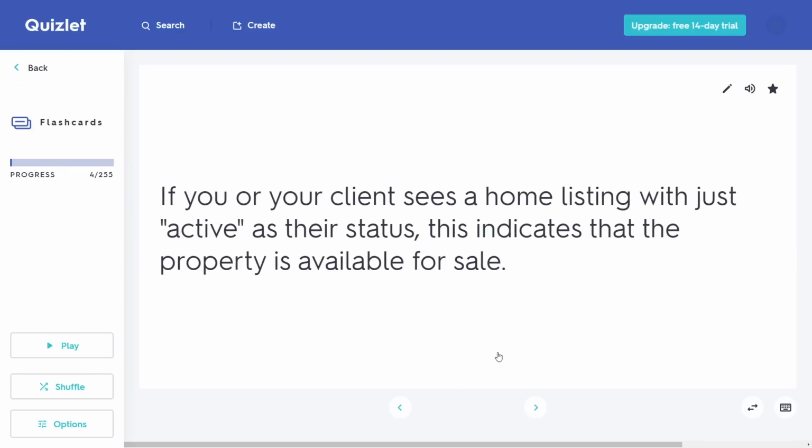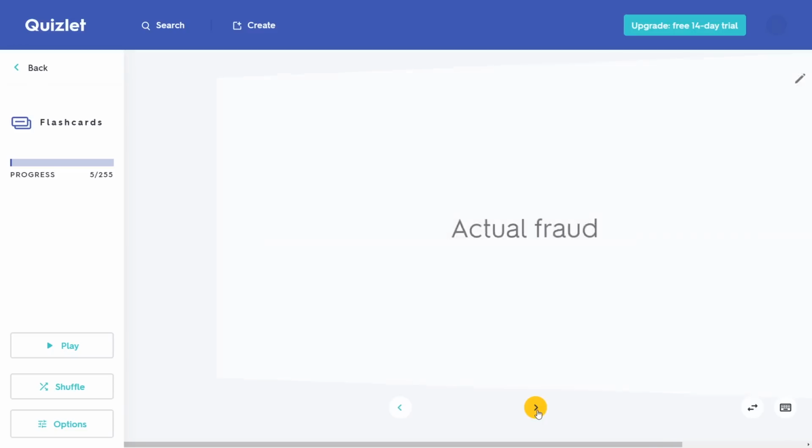So if you or your client sees a home listing with just active as their status, this indicates that the property is available for sale. So that's a pretty basic one, but a super important one to know, especially if you're looking on the MLS or Zillow or any of those websites nowadays. If you see it says active, you got to know what that means. It's like a no-brainer there. So, all right, next one.